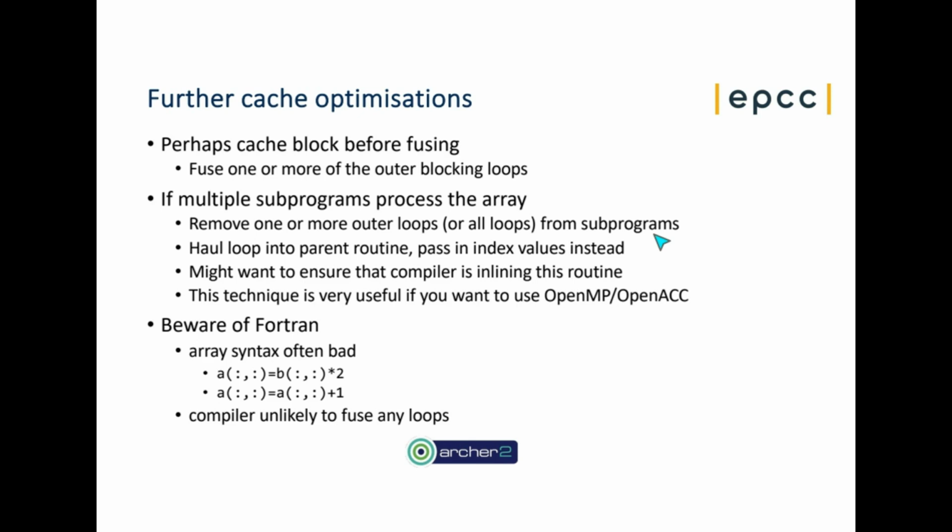Haul your outer loop into a parent routine, and make the function just operate on one iteration of the outer loop. That's good for things like OpenMP, as you're increasing the amount of work in the loop.